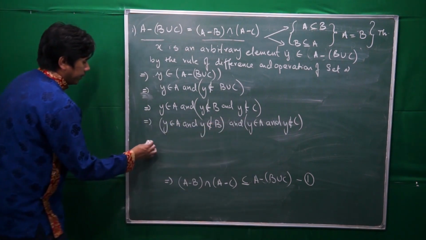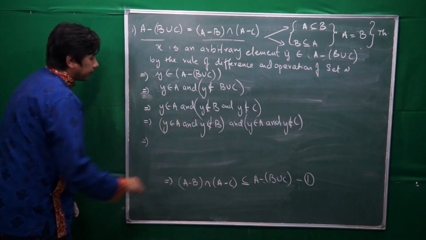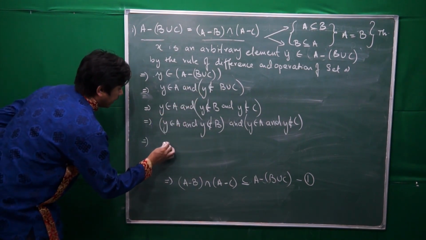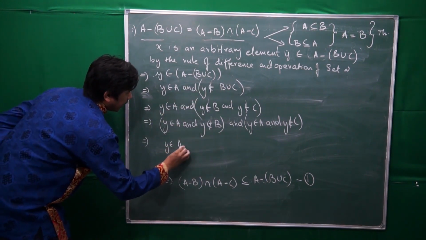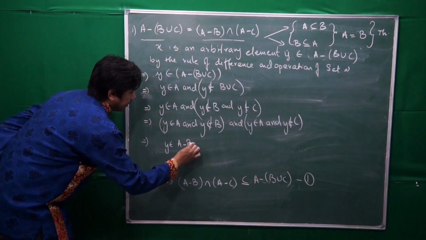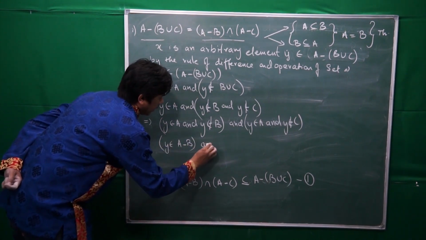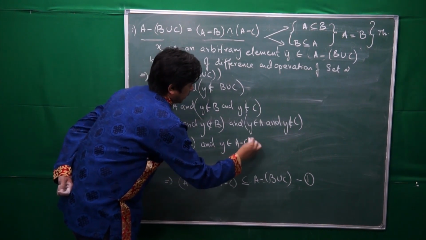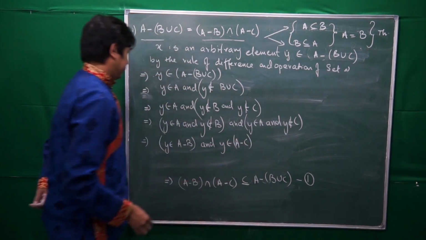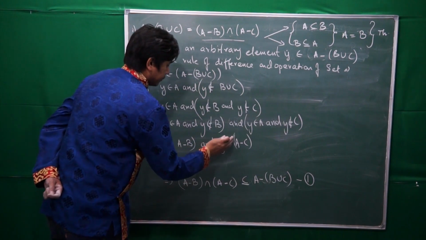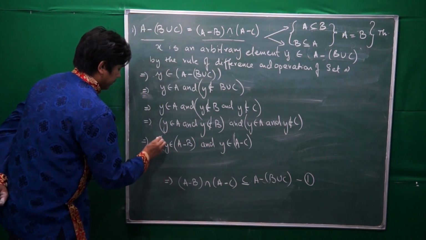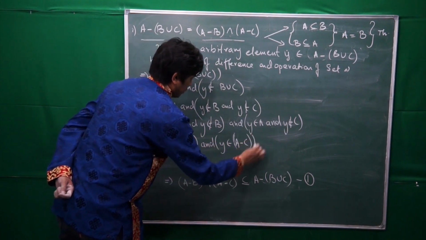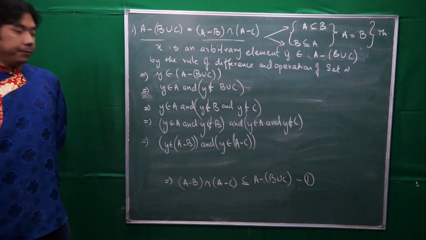If you write it mathematically, by the rules, we have Y belongs to A minus B and Y belongs to A minus C. Clear?